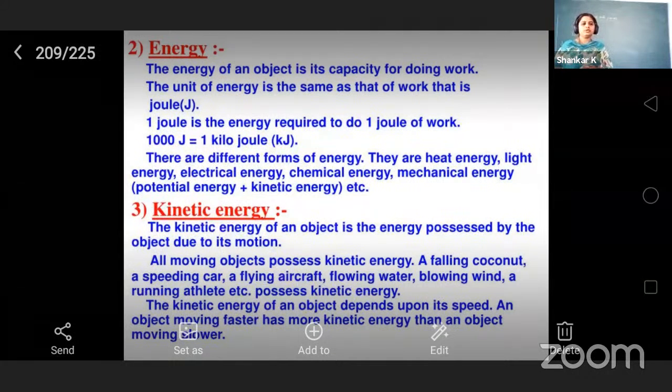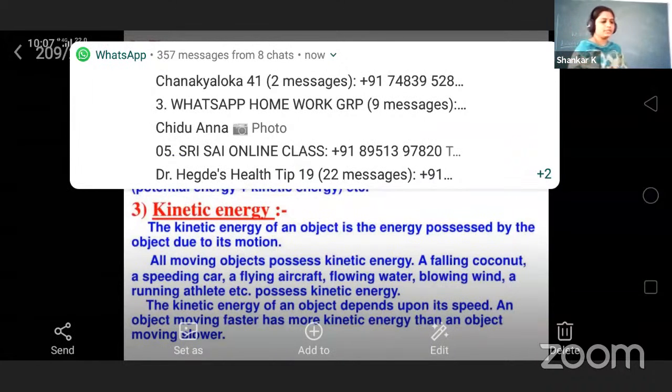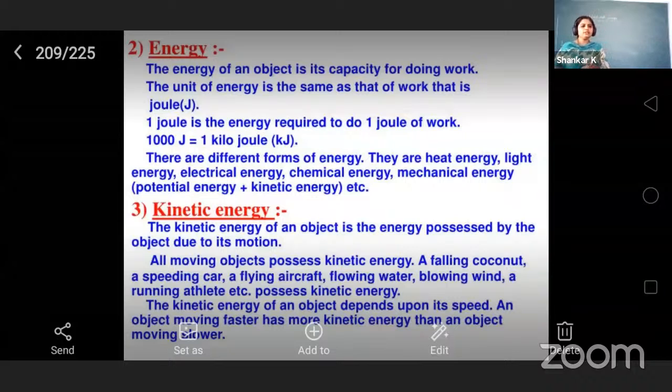Scientifically, the energy of an object is its capacity for doing work. We measure this energy in joules, just like work, students. Energy is also measured in joules.